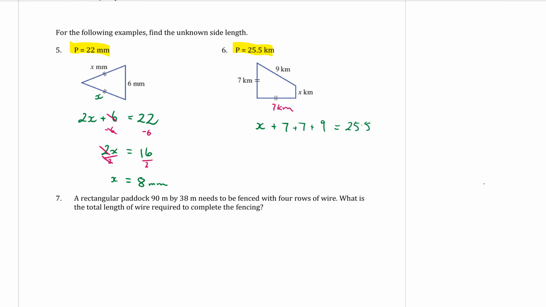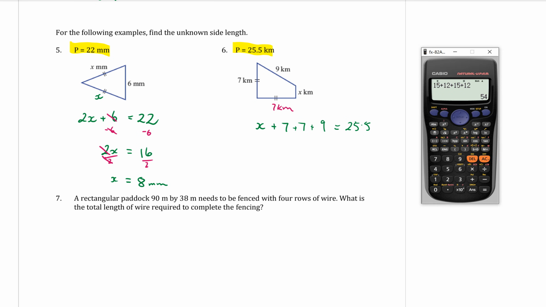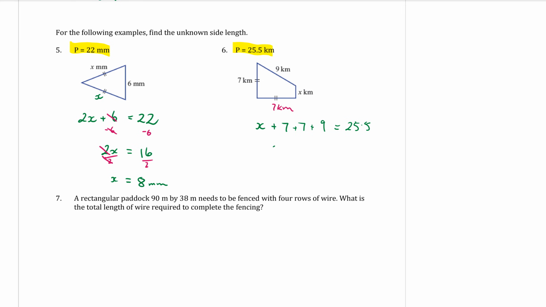Now, we've got 3 numbers here. We don't need to do those separately. We can add them all together. So let's go 7 plus 7 plus 9 equals 23. So we're just collecting up like terms there. So x plus 23 equals 25.5. Okay, now the equation solving part.